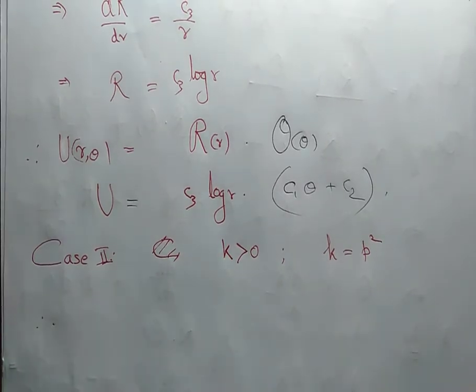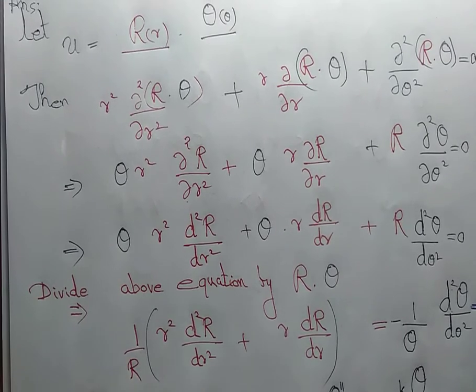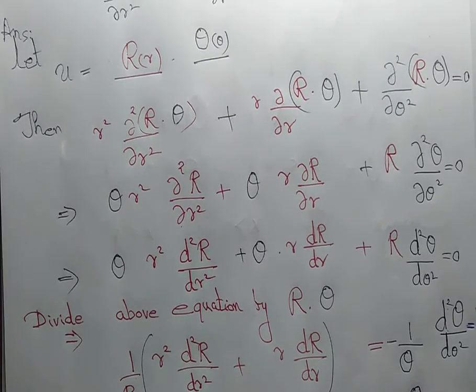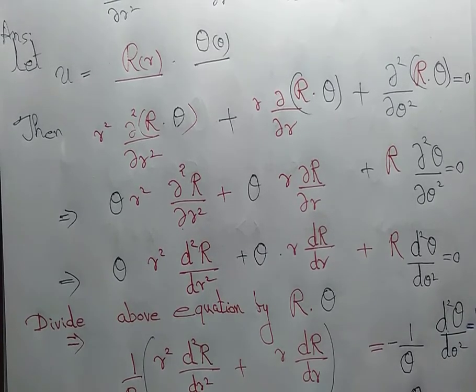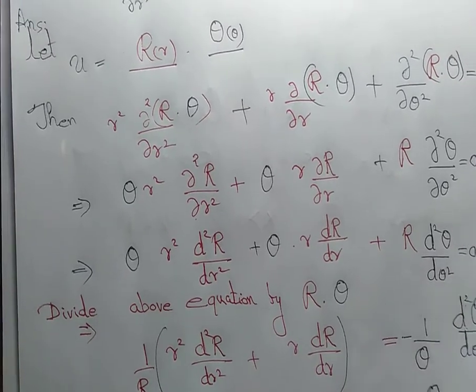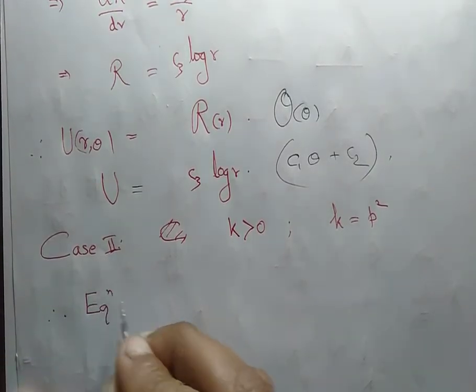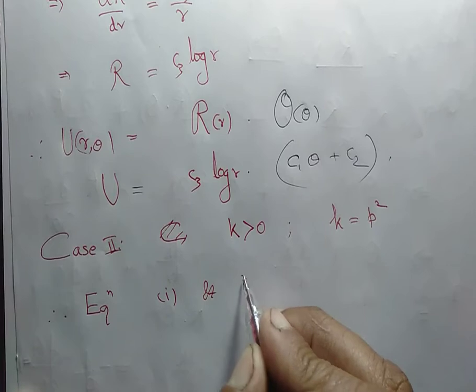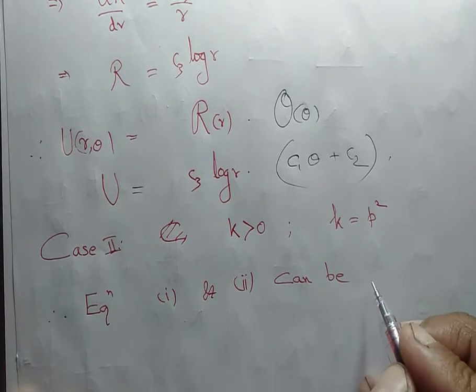Therefore, what are the two equations we have? If we have case k to be positive, then we can write equations 1 and 2 as follows.